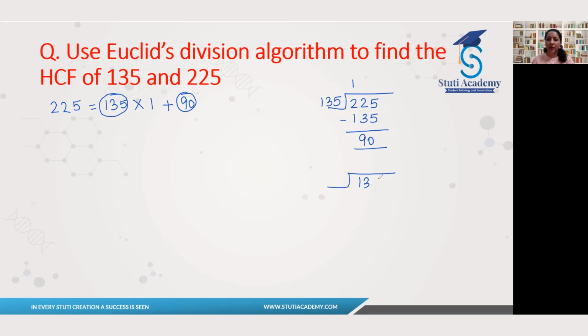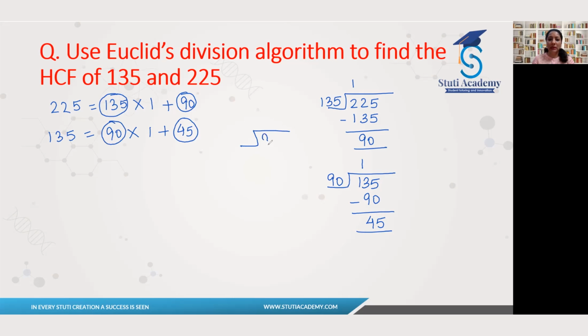So 135 divided by 90, this will go one time and we'll be left with 90 here. And 45 would be the remainder in this case. So we will again write dividend is equal to divisor into quotient plus remainder. Now again, we have a non-zero remainder, that's 45. So we'll repeat this step.